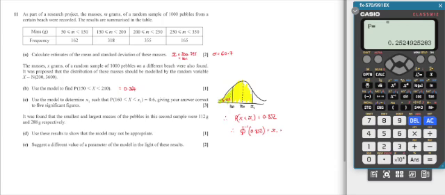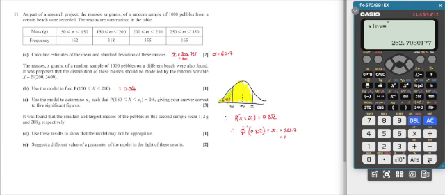So menu, distribution, inverse normal is 3. My area is 0.852, keeping the same standard deviation, keeping the same mean, gives me that x1 is 262.7.